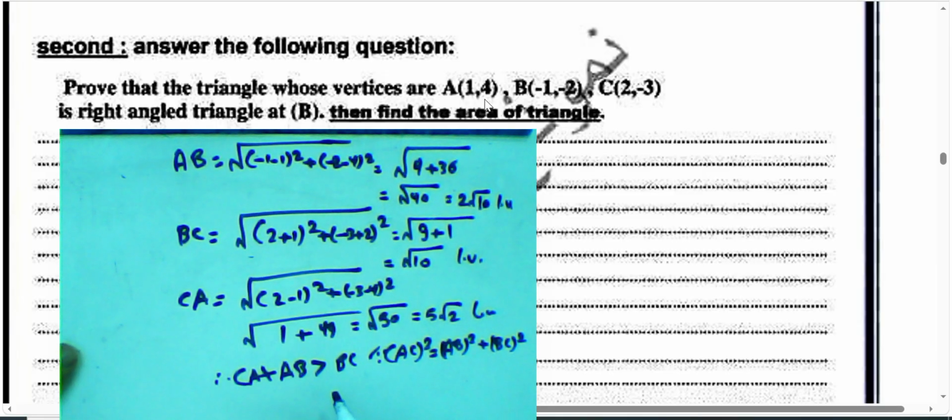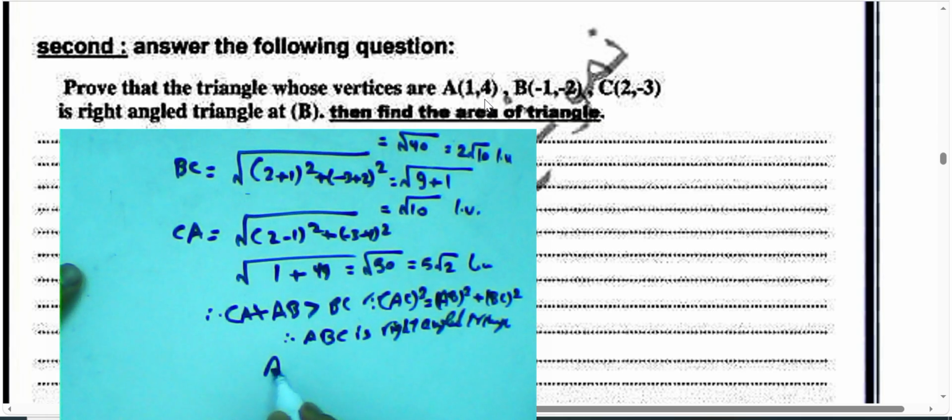Then the triangle will be right angled. Then we have a right angle triangle. Then ABC is a right angle triangle.